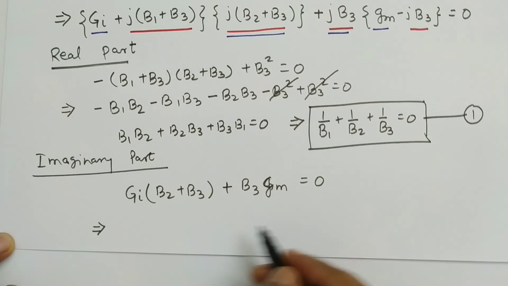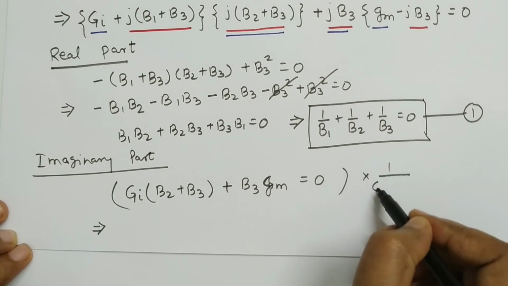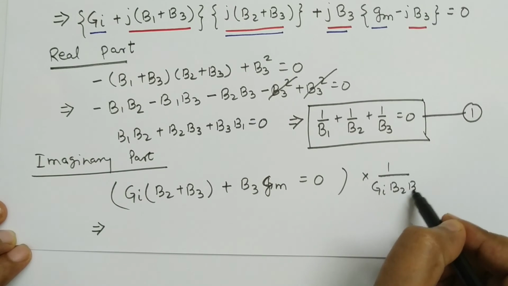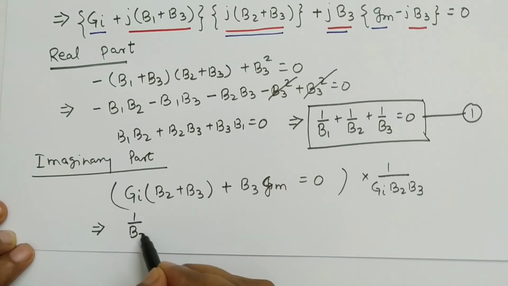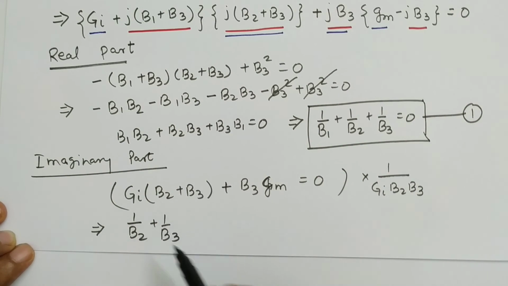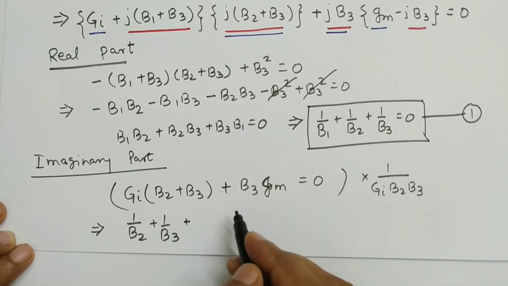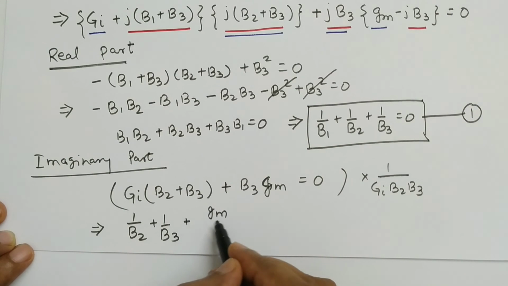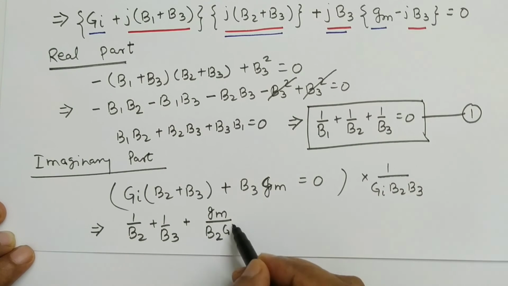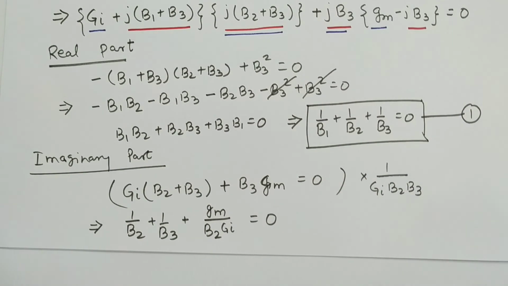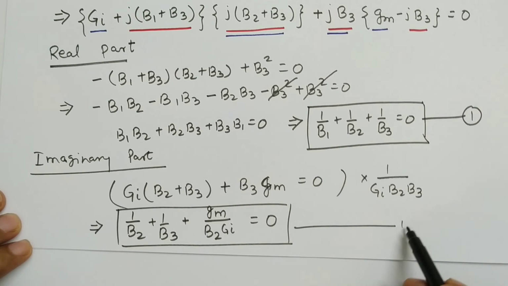So let us divide on both sides by 1 by gi b2 b3. So here you will get 1 by b2 plus 1 by b3 plus b3 will cancel, so we have gm by b2 gi equal to 0.